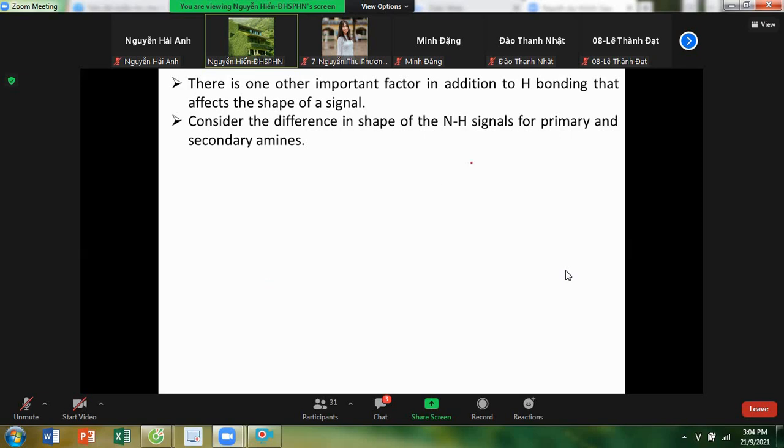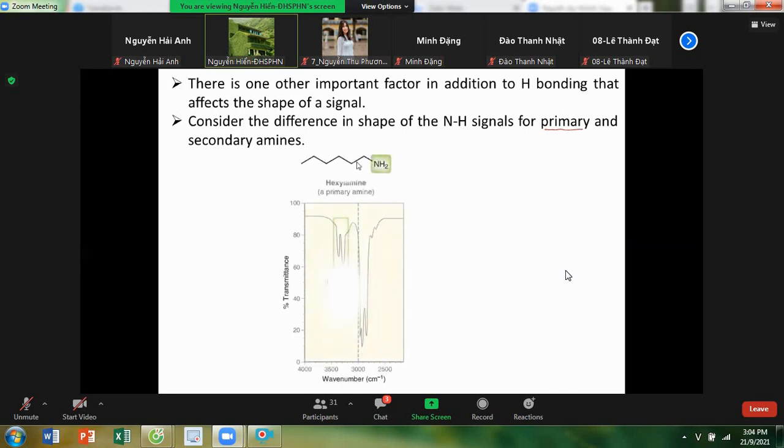So I think you have just talked about structures and properties of amines. I hope that you still remember what primary and secondary amines are. There is actually a difference between the shape of the NH group of these two kinds of amines.